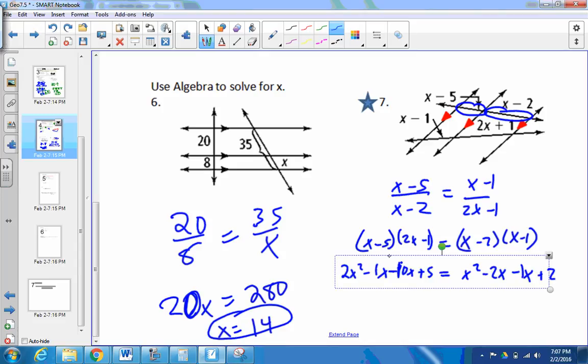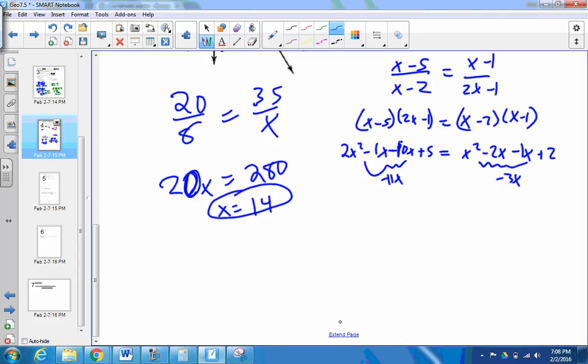So really we can combine like terms. This is actually going to be negative 11x. This is going to be negative 3x. So what we're going to do here is try to get some things on the same side.